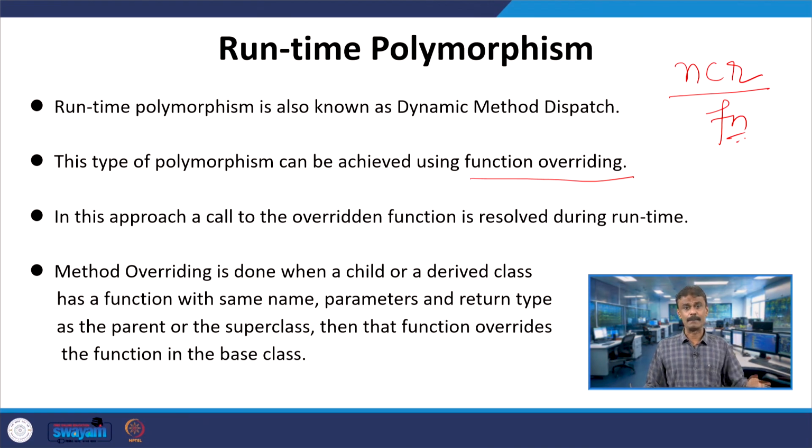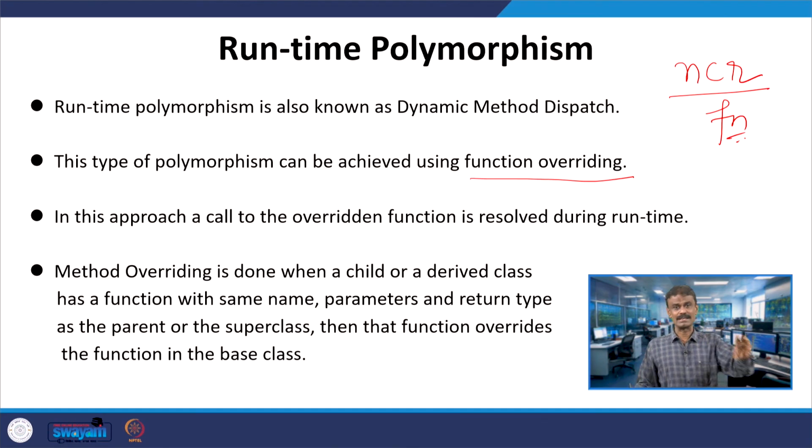That may appear more than one time, or several times. So, the question is which one will be called. Sometimes it is a combination of compile time and runtime, when the arguments are different. Now assume that the same function name is in the base class and the derived class. Which one will be called?